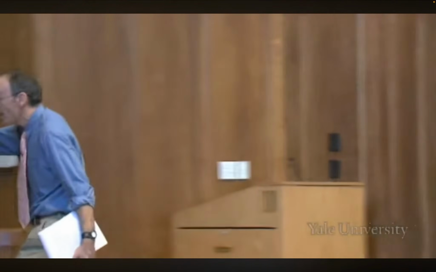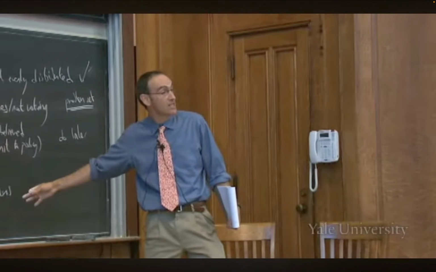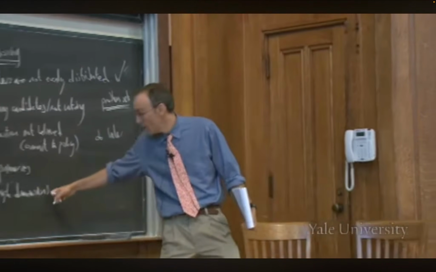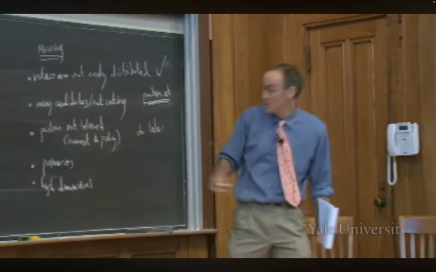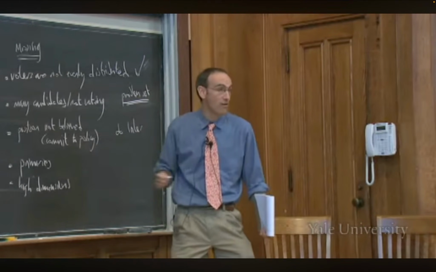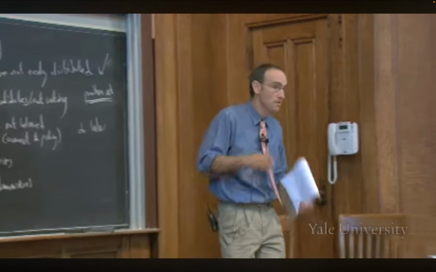We're not going to have time to do them in this course, but if you take a class in the political science department on voting and on modeling elections, you will see that both of these have been modeled and discussed in great detail. There's even some empirical work on just how high dimensions are really involved in elections. All right? So this is great stuff for this area of political science. All right, so I want to inspire you to take some more advanced courses, albeit in another department.